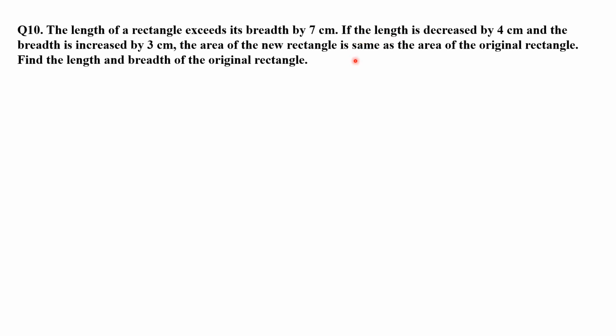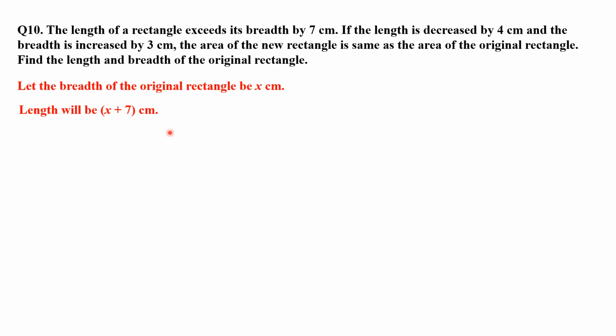So now we will redo the statement which is given in the first line, isn't it? The first line says that the length of a rectangle exceeds its breadth by 7. So if I assume my breadth is x, then from the first statement I can get my length will be x plus 7 centimeter, isn't it? Now what will be the area when length is x plus 7 and breadth is x?